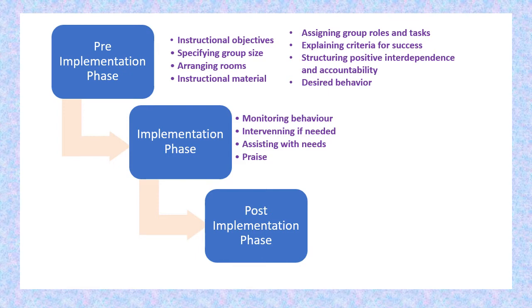If the instructor notices that any group has conflicts, she should intervene. The instructor can assist groups if needed, such as pointing out some additional resources, which is mentioned in point number 3. And last, that is point number 4, is students must know that they are doing in a satisfactory manner.